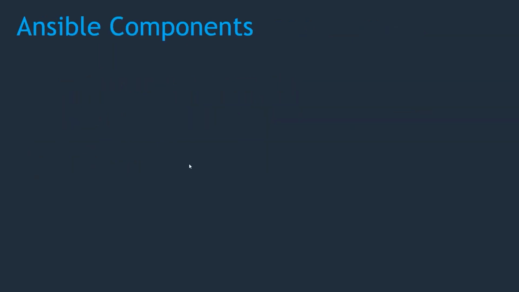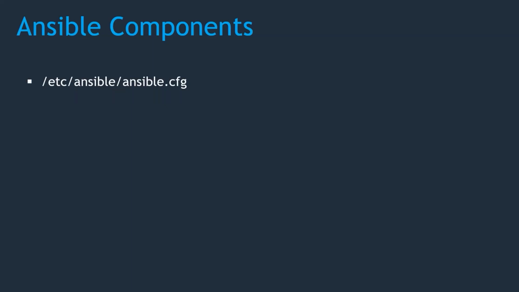Next, Ansible components. Before diving deeper into Ansible, we just need to understand a few files or terminologies. We have already discussed terminologies in the previous class, but these are a little bit new, and they show how we are going to work at the Ansible level. The first file is /etc/ansible/ansible.cfg.